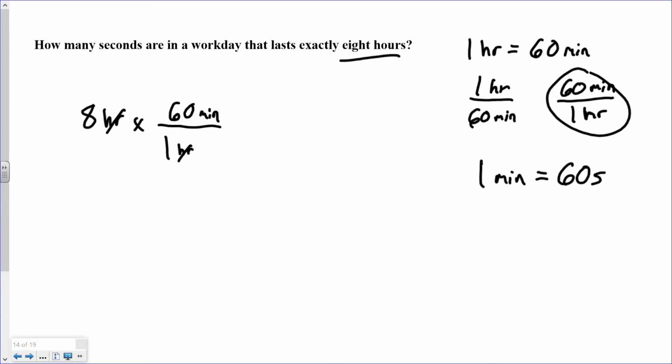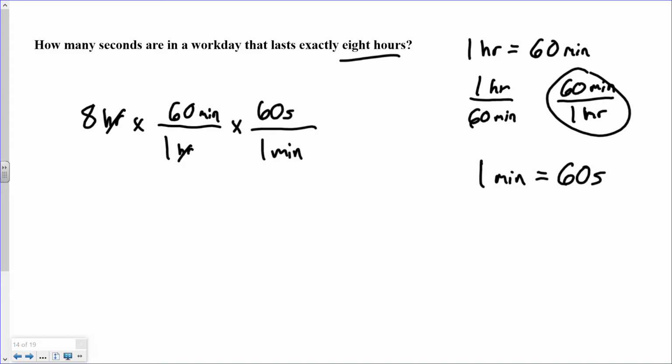So now I can multiply again by a conversion factor that's going to help me cancel out minutes and be left with seconds. So I need to flip this fraction so that minutes is on the bottom. So I'm going to say 1 minute is equal to 60 seconds.